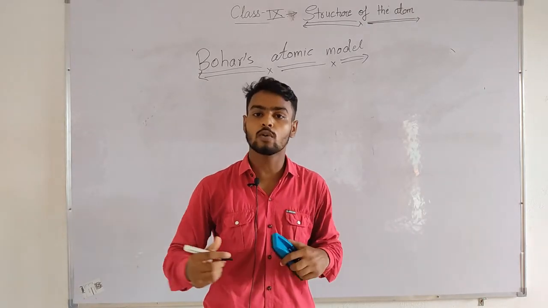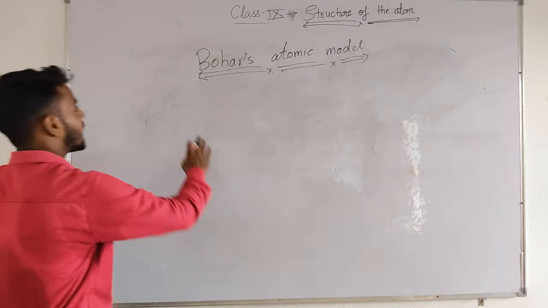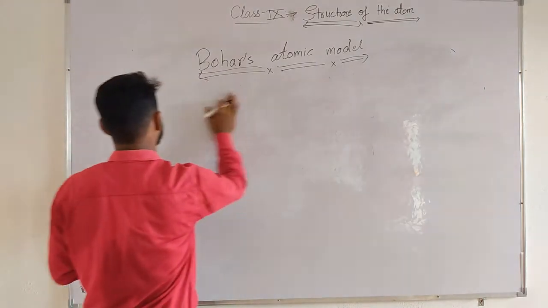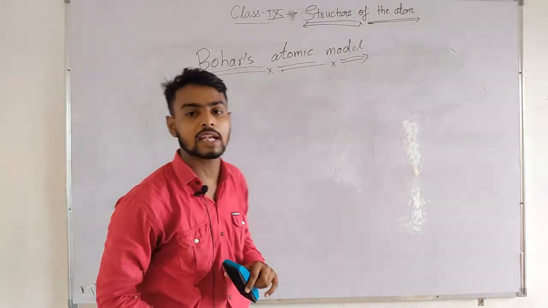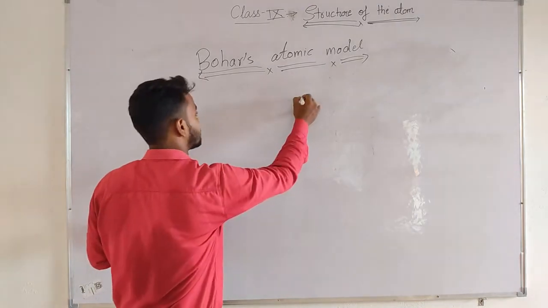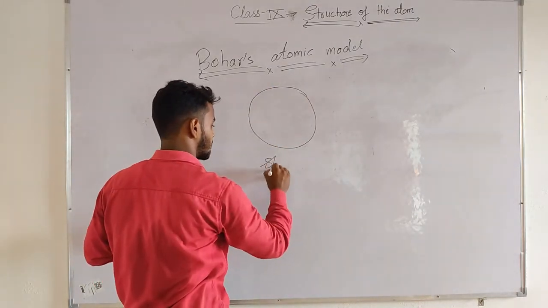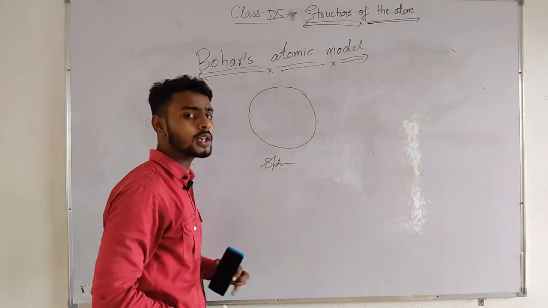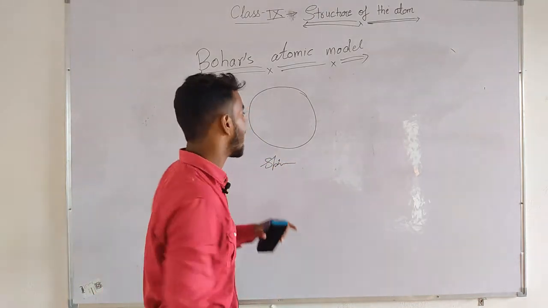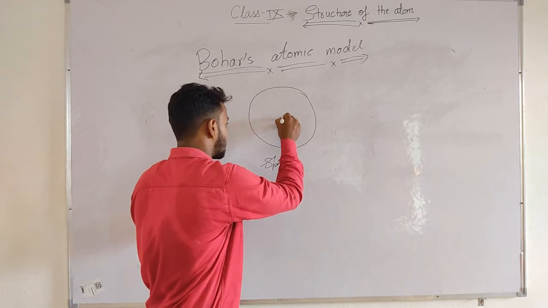So now we continue with Bohr's atomic model. He said all atoms look like a sphere, and every sphere has a center point.